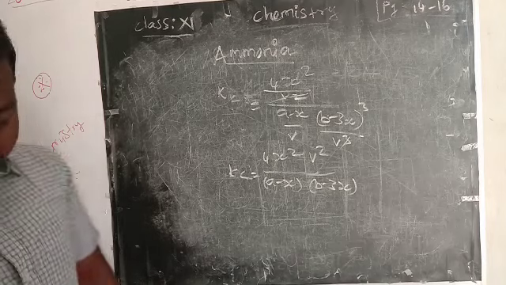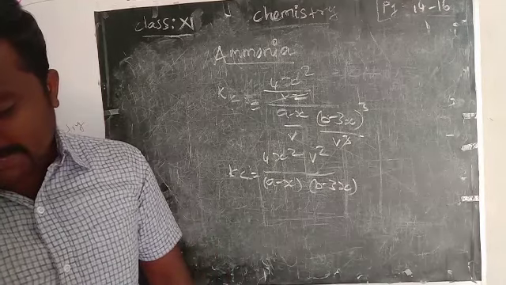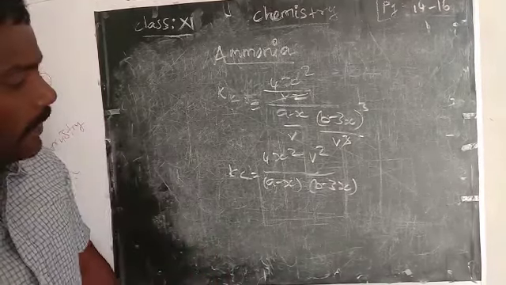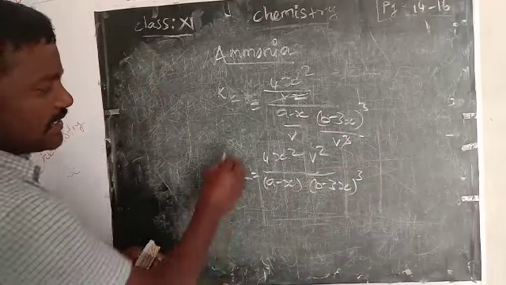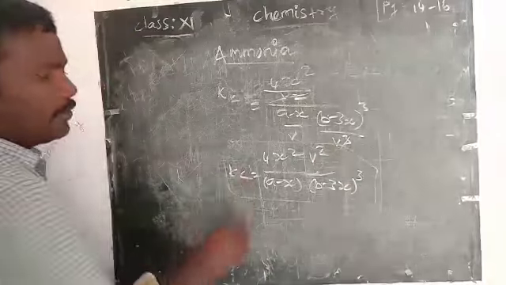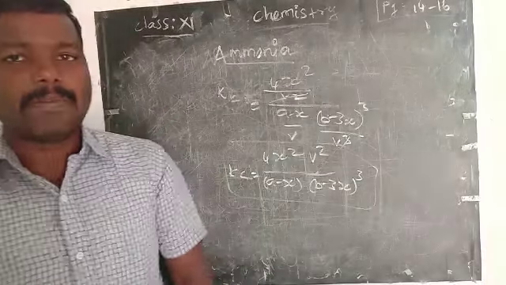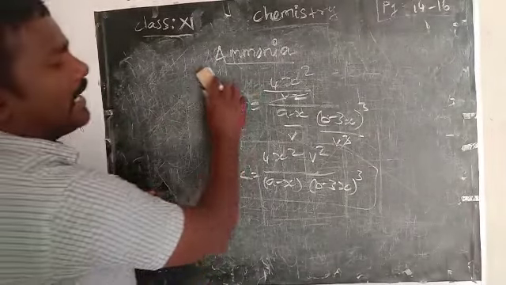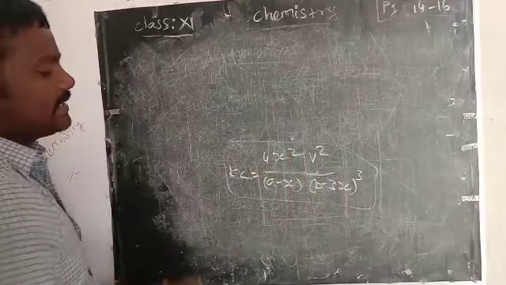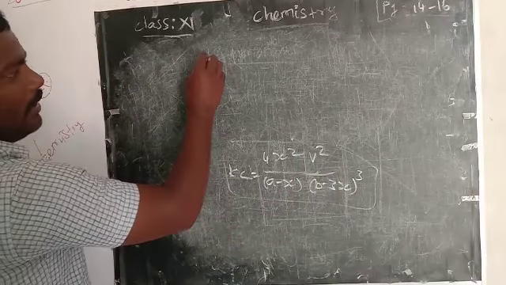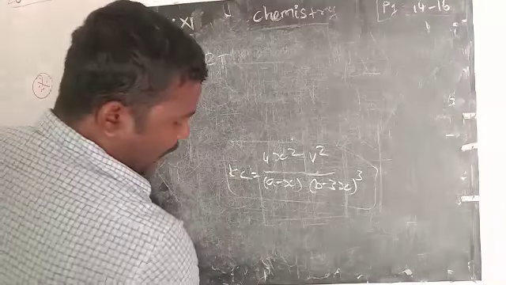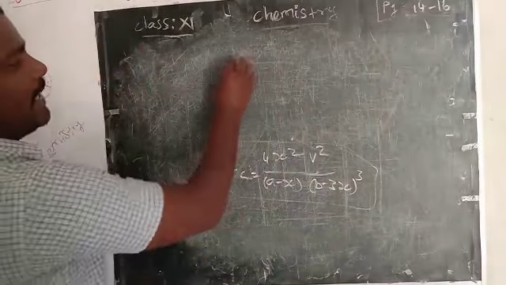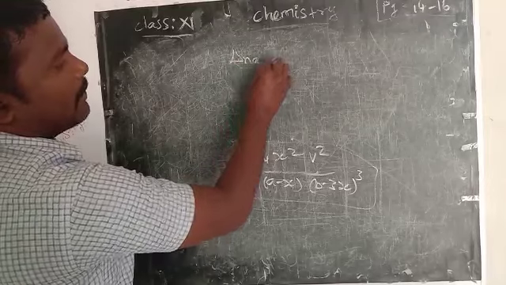Okay, now we got the Kc term. How will you convert the Kc into Kp, or how will you find the Kp value from Kc? So as usual, the RT value you want to find. If you want to find the RT value, you must apply the delta Ng formula.